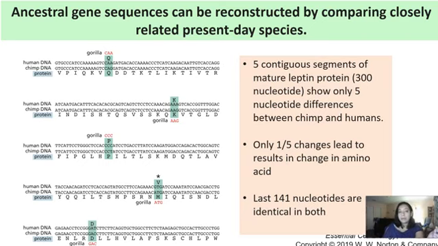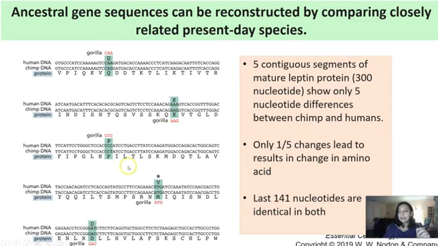When we look at this further, we also realize that out of these 5 changes, only one results in an actual change in amino acid sequence. The rest of it, you're still getting the same exact amino acid as you were getting before. So you can see that at each point, this is still a Q, this is still a K, right?